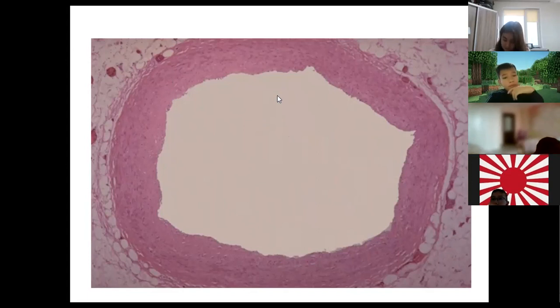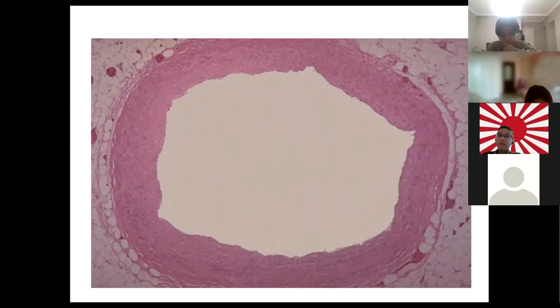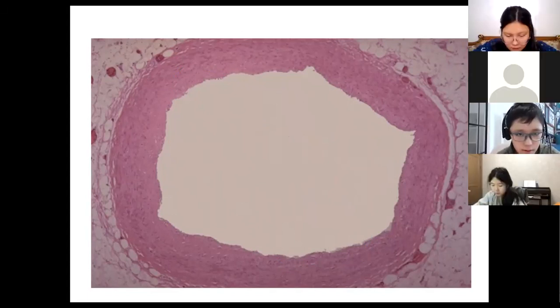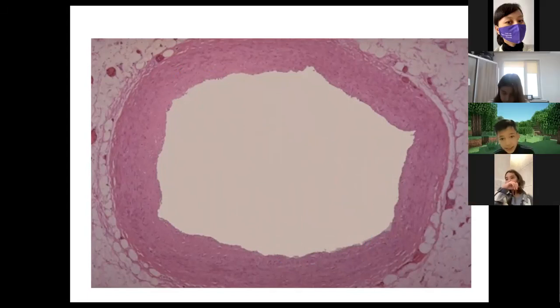David, you are... Eleanor, what do you think? I'm not sure. You're not sure, but David was right. He gave you an answer. Yes, this is a vein, right? How did you understand that it's a vein?